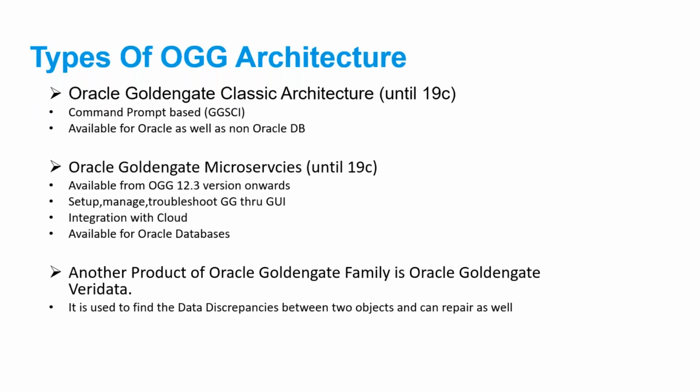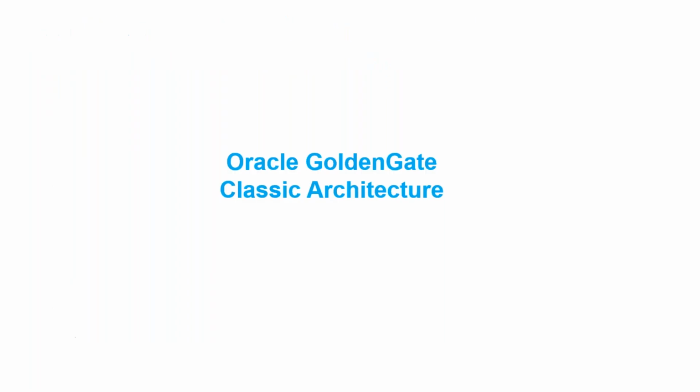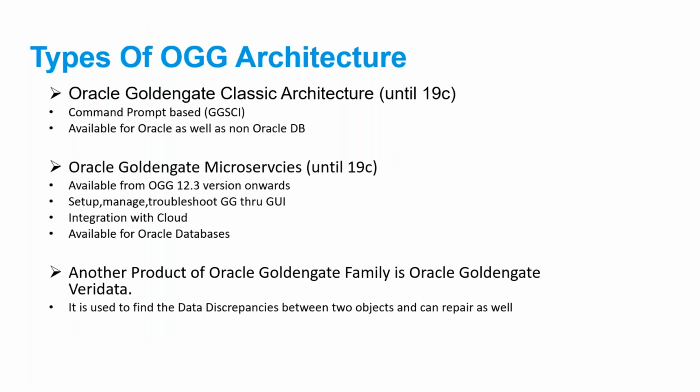Next we'll move to the topic of what the different types of Goldengate architecture are, and then we'll move to 21C new features, etc. So there are two types of Goldengate architecture: Oracle Goldengate classic architecture and Oracle Goldengate microservices architecture. Now I'll give you a quick history of Oracle Goldengate.